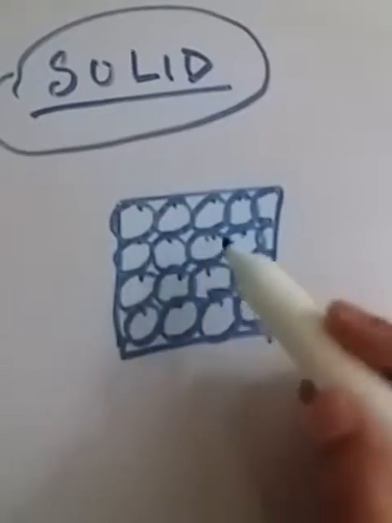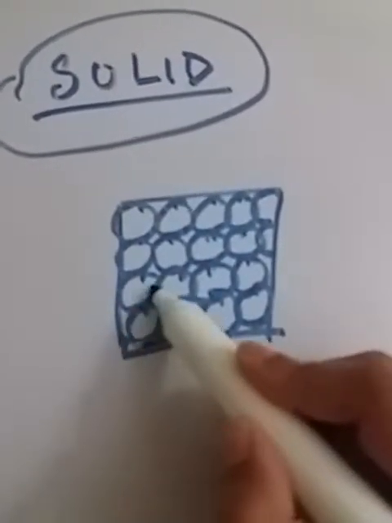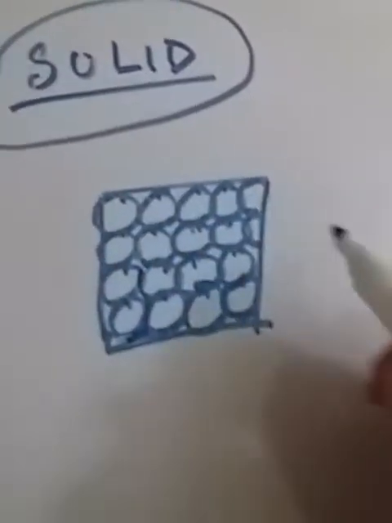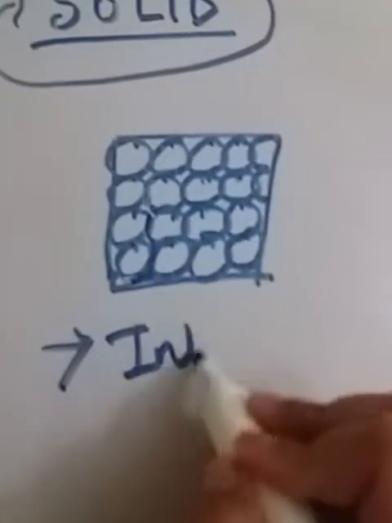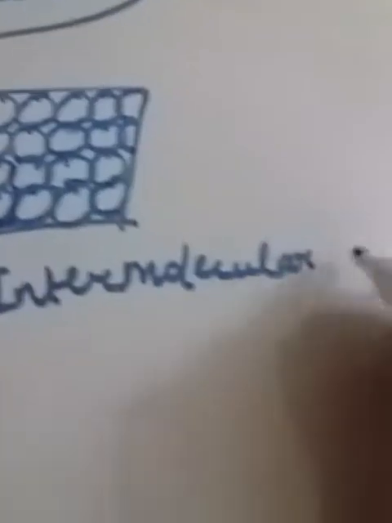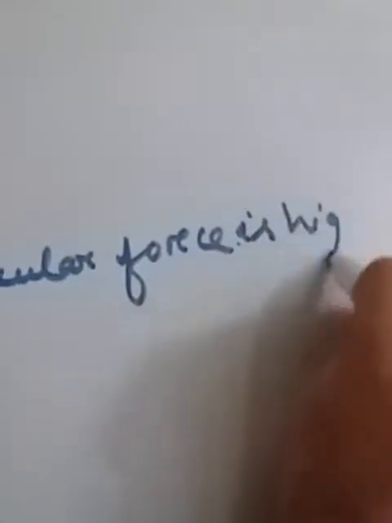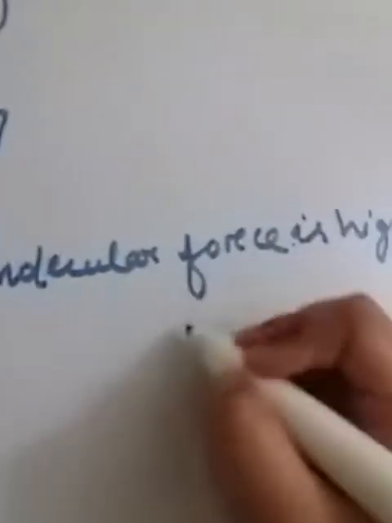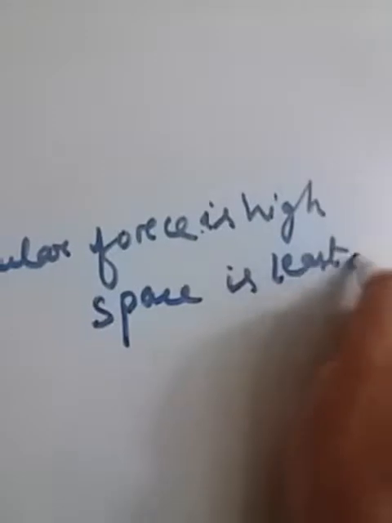Here, as you can see, is there any space? We hardly find any space. These spaces are too negligible. These are too small. So from this structure we can conclude that intermolecular force is high, but space is least.